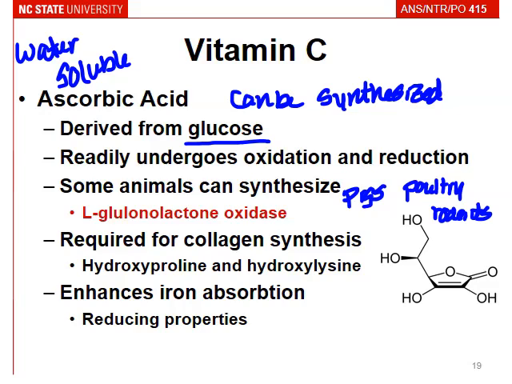Now, it's very much required for collagen synthesis. Collagen is that connective tissue. It is necessary for the formation of hydroxyproline and hydroxylysine, and vitamin C also enhances our iron absorption. It has reducing properties, which enhance our iron absorption.